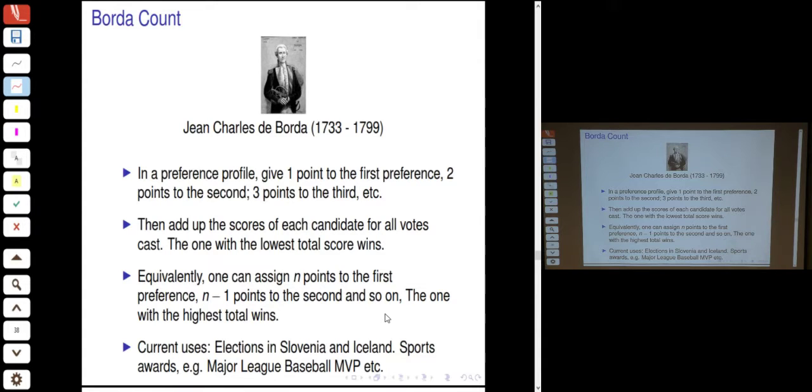This was developed by Jean-Charles de Borda, who lived in the 18th century, and the Borda count method proceeds in the following way. In a preference profile, we give 1 point to the first preference, 2 points to the second preference, 3 points to the third preference, and so on.